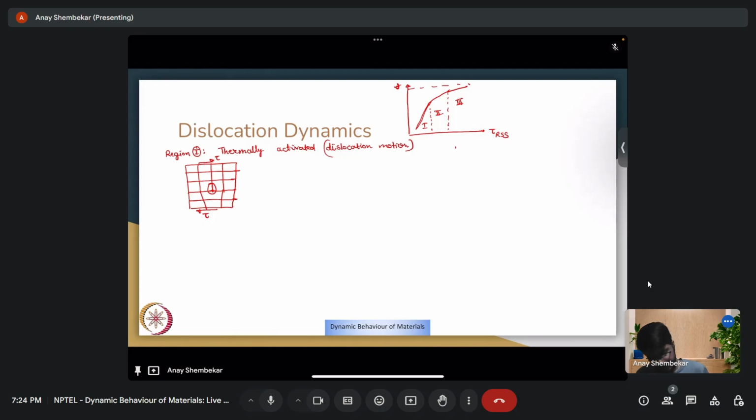We'll see a Peierls-Nabarro barrier in terms of the force required to overcome this for the dislocation to make a jump to the next unit cell. The Peierls-Nabarro barrier can be represented roughly by a sinusoid with a period of a0, a0 being the lattice parameter.